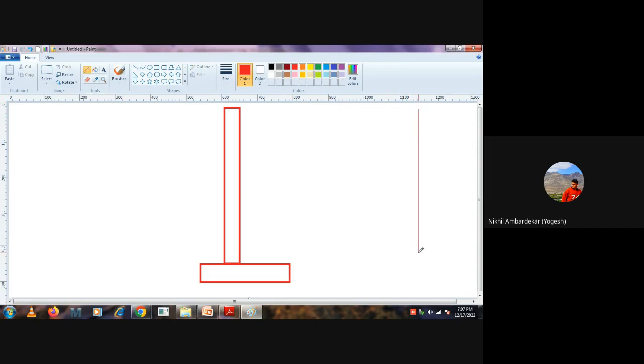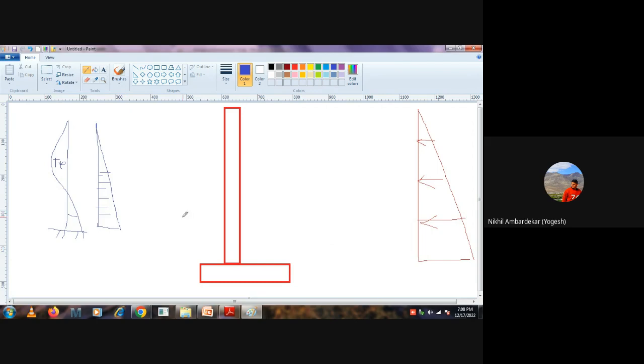So this is my inside wall, inside water pressure. Because of this, what happened? I will try to idealize this as a bending moment diagram here. Because of this, the wall will bend like this. This is negative, positive, sorry, positive, negative, internal.